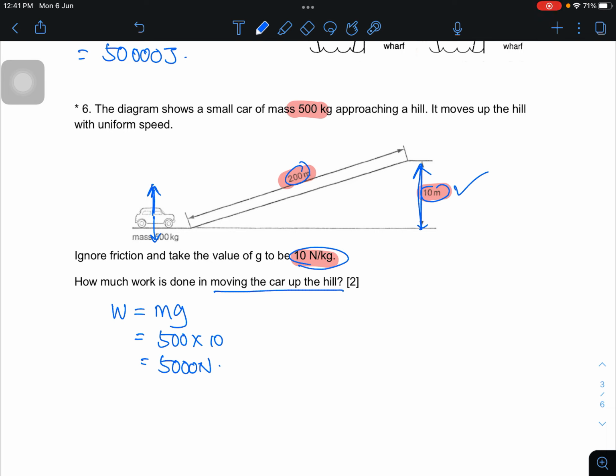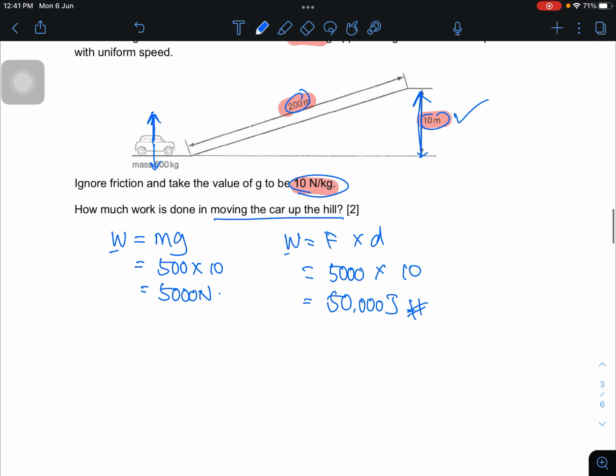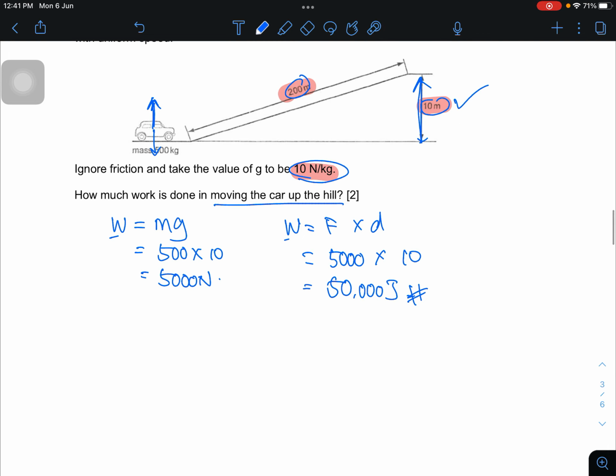Work done equals force times distance. Force is 5,000, distance is 10, so it's 50,000 joule. So the car has done 50,000 joule of work moving up the hill.